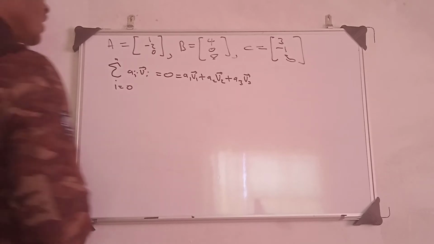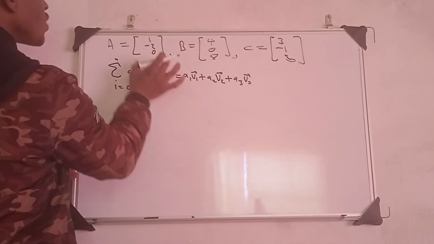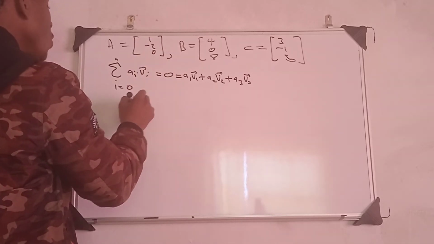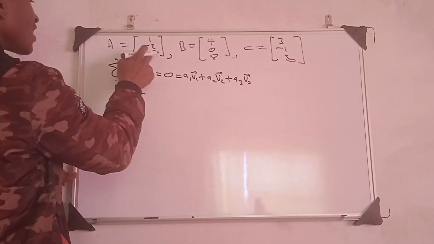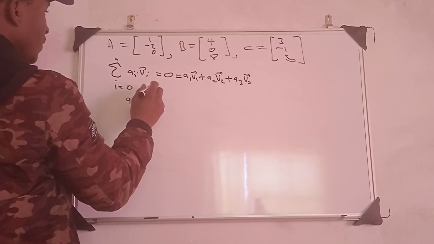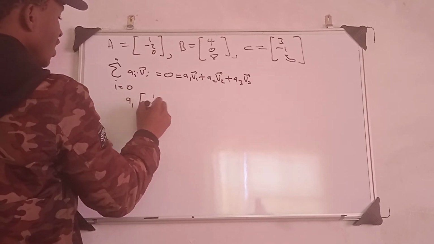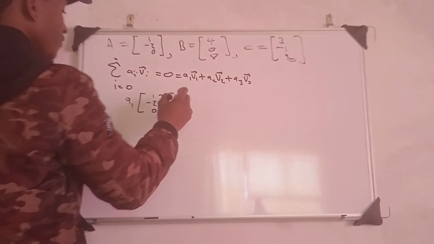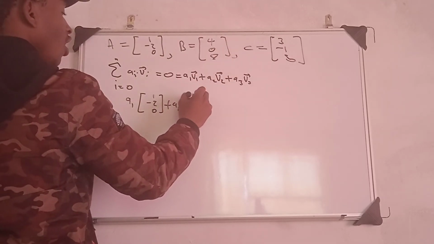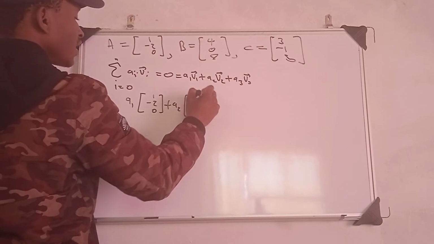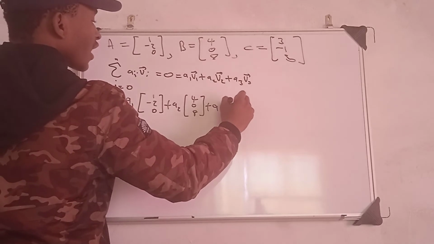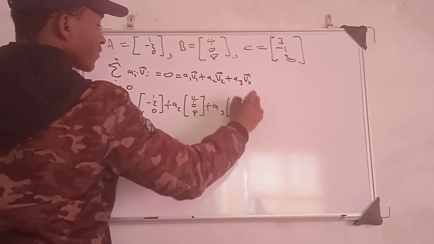But where we see V1, we can actually add this vector space. So it will be A1, and then this vector space consists of the vectors 1, minus 2 and 0 respectively. So it's going to be minus 2, 0, plus A2, and then it consists of this, all of it. So it's going to be 4, 0, 8, plus A3, which is 3, minus 1 and 5.